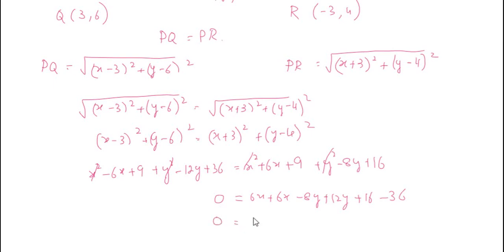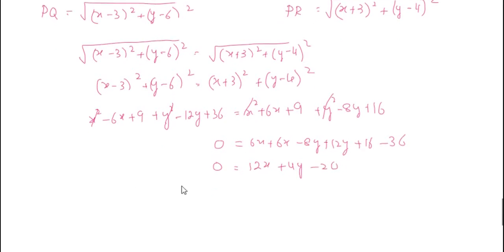So 0 equal to 12x, 6 plus 6, then plus 4y and minus 20. Now dividing by 4 everywhere, 0 equal to 3x plus y minus 5. Therefore the relation is 3x plus y minus 5 equal to 0 is the relationship between x and y.